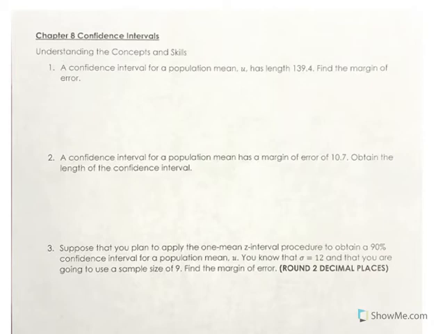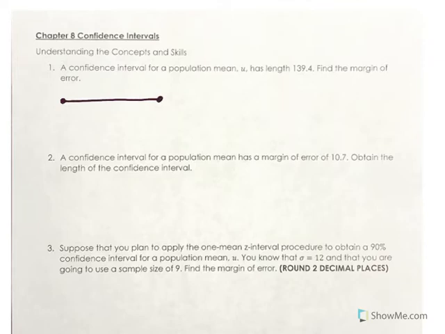On number 1, it says a confidence interval for a population mean has the length of 139.4. Find the margin of error. Now, I want to explain this by showing a small demonstration for you guys. If we're talking about the length of the interval, that would be from one number to the next.